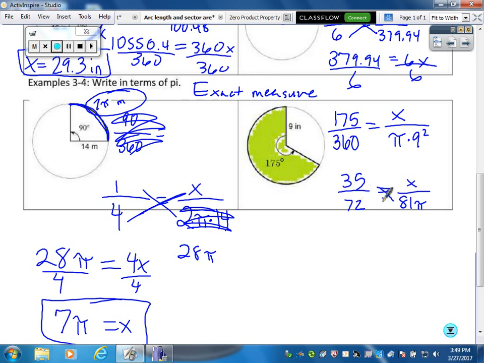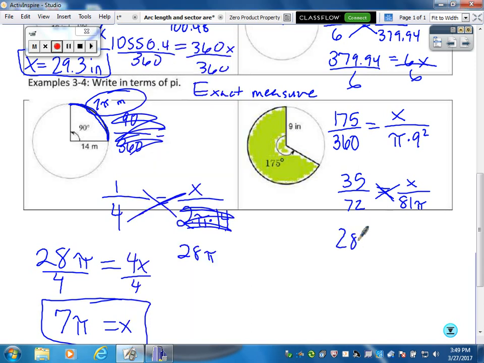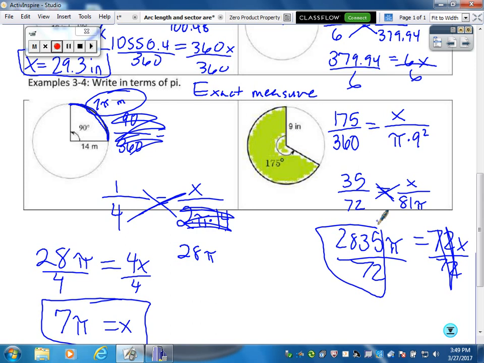So now I'm going to cross multiply. That was just for the ease right there to make it smaller numbers. I'm going to multiply 35 and 81. So we're working around that pi. So 2835 pi, and then my other cross 72x. So I'm going to divide by that 72. And then I also want to just check one more time to see if there's anything I can simplify this fraction by before I leave it like that.